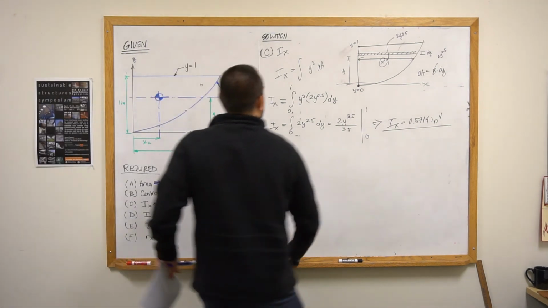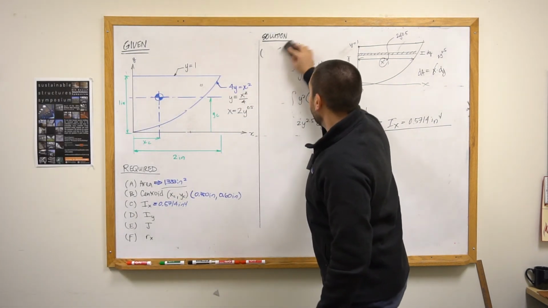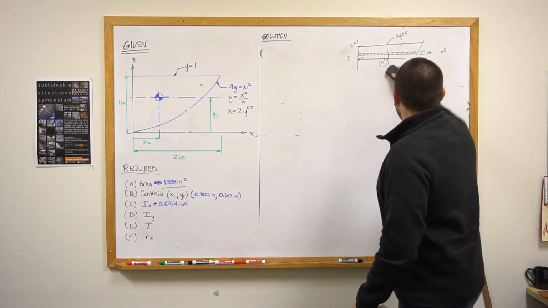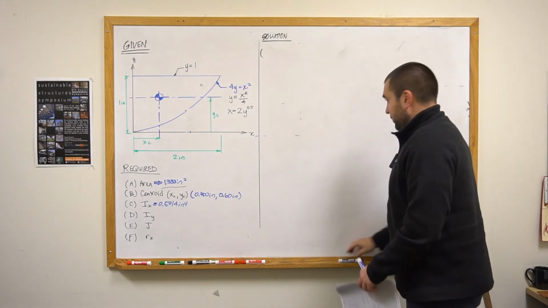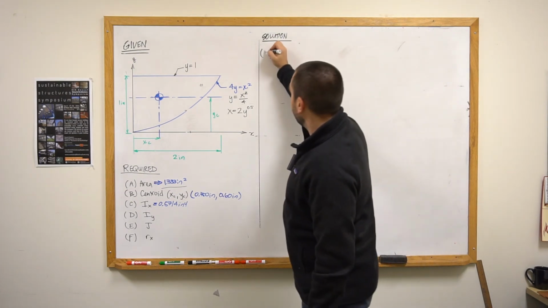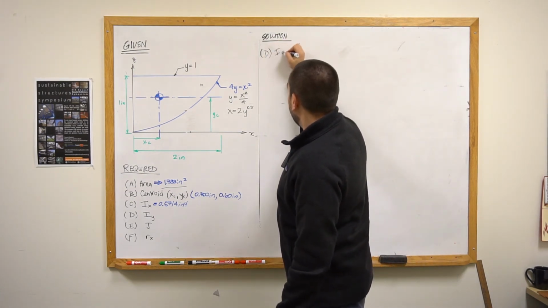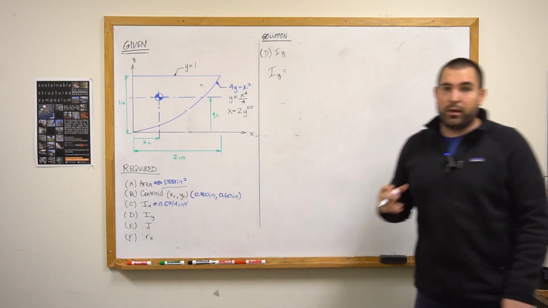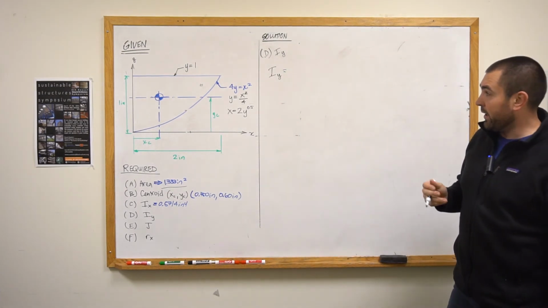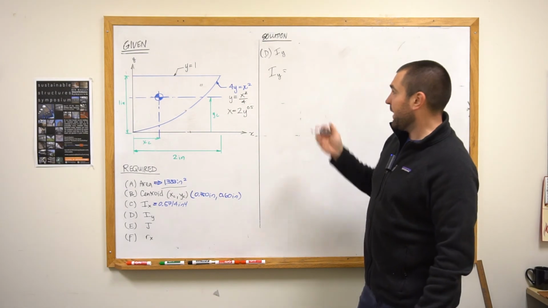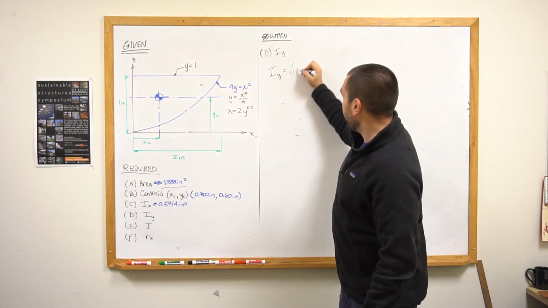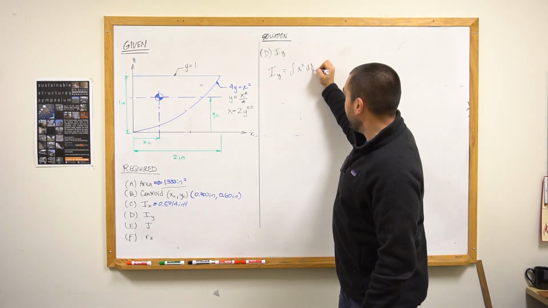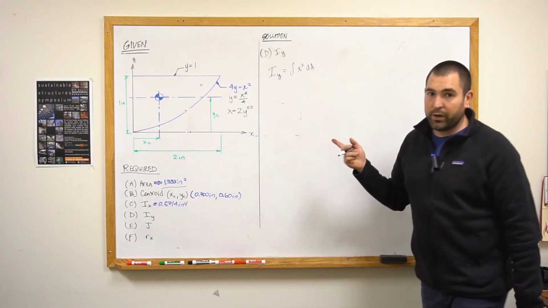So now let's go ahead and do part D, the moment of inertia about the y-axis. This is part D, I sub y. The equation for this is nearly identical to that for Ix, the biggest difference being that we're talking about x squared dA as opposed to y squared dA.